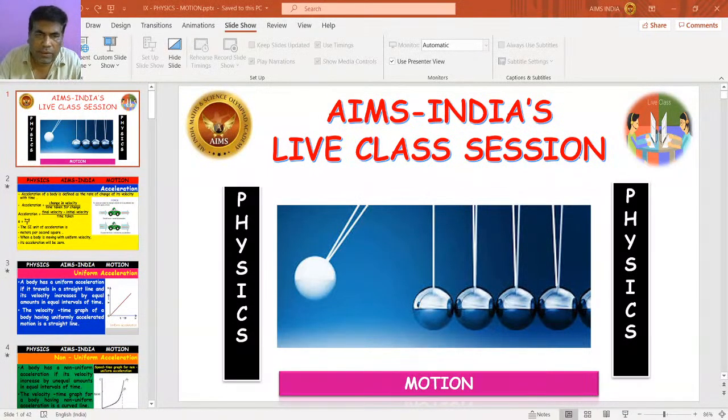So before, the velocity is zero, but after some time, velocity will increase. It may become 5 meters per second or 10 meters per second, based on the force we have applied. Based on the force, its value will increase.